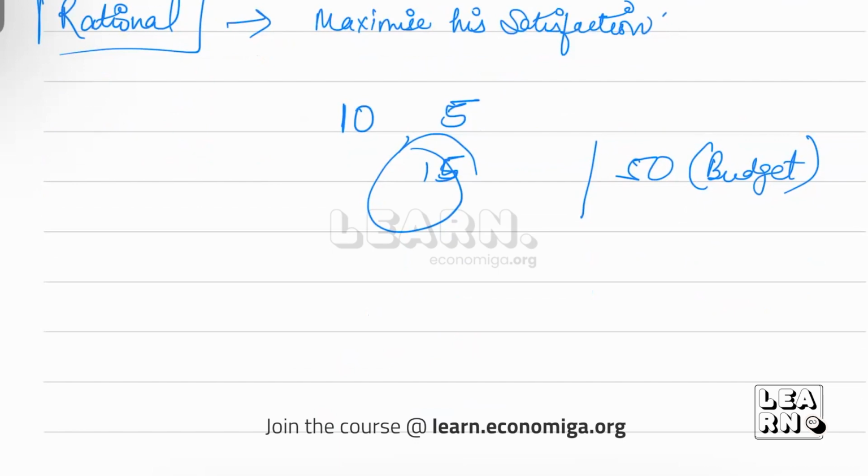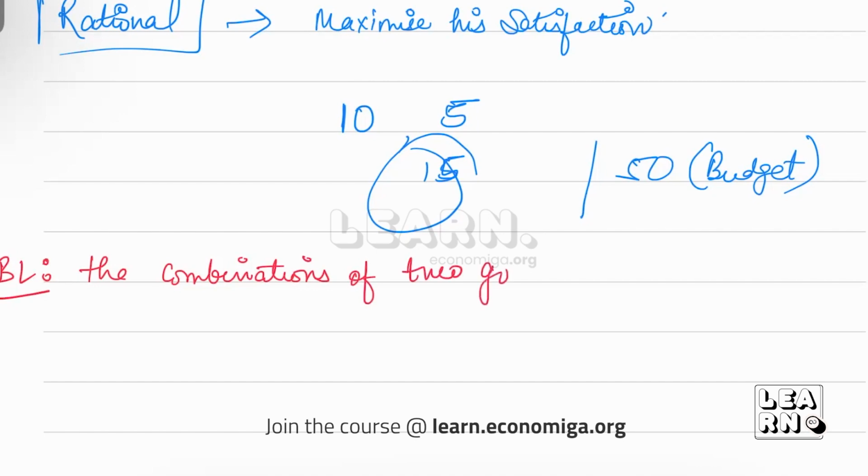It's just an extension of the budget constraint. So the budget line tells you the combinations of two goods. Remember, we are dealing with a two-dimensional space here. I've assumed we are consuming just two goods.